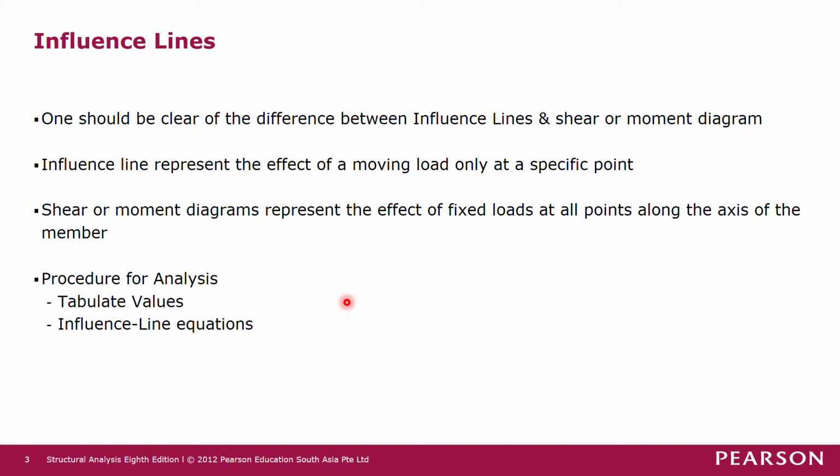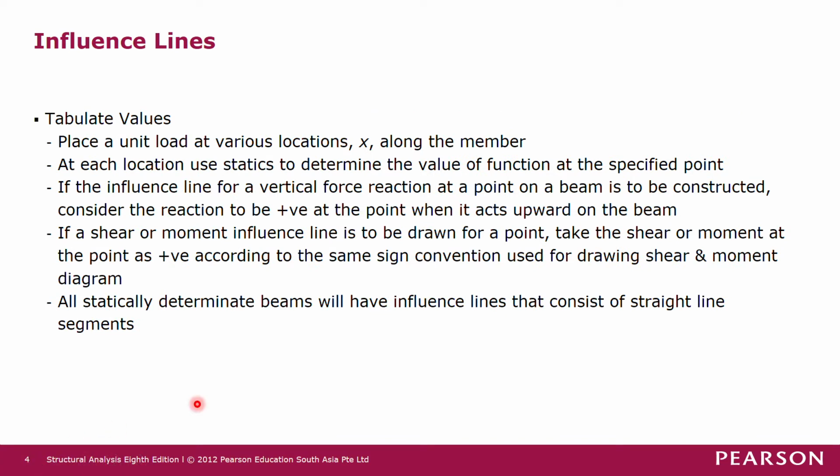So for the procedure for analysis, there are two methods. One is by tabulated values, and the other is influence line equations, meaning that we write equations of the influence line. So the first method is using tabulated values. First of all, we place a unit load at various locations x along the member.